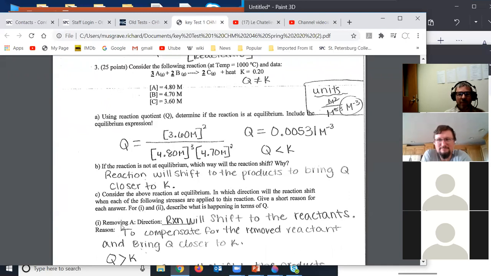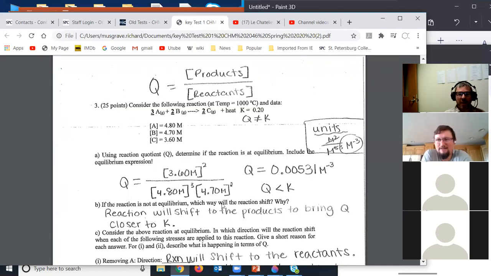Okay, so we've got removing A. What happens when we remove A from this reaction? Well, I'm going to go ahead and just do the Q expression over here.